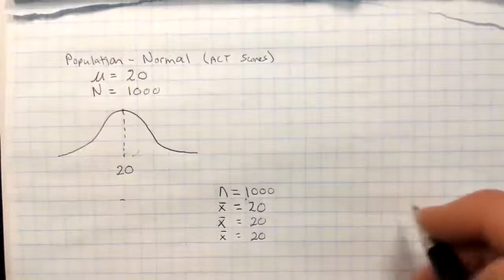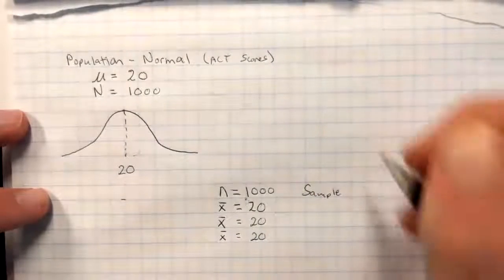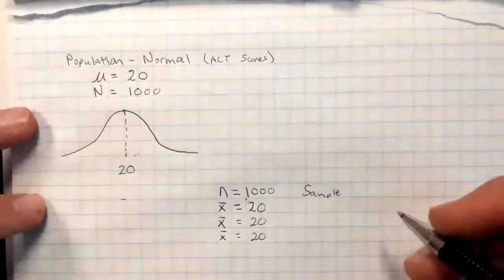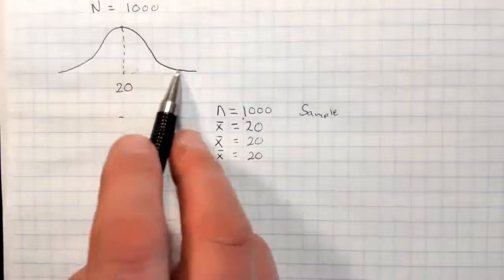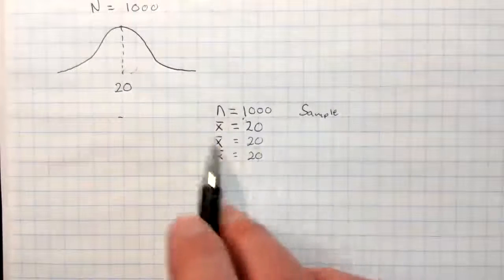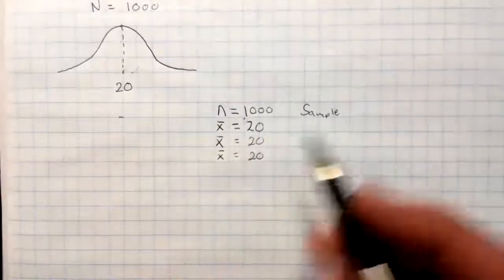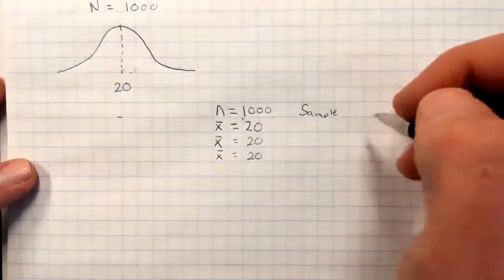So for the sample, this is what the distribution would end up looking like. Instead of being nice and spread out, where some students do really well on the ACT and some do very poorly, if I used this to create my sampling distribution, my distribution would look like this.